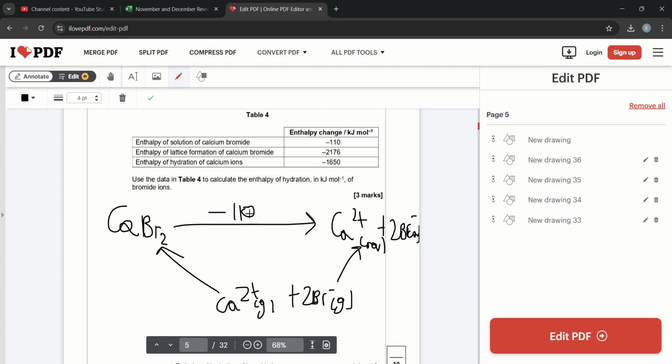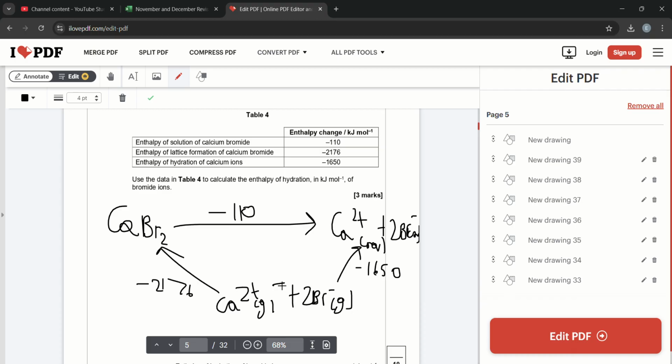We also know the enthalpy of formation of calcium bromide, so this arrow here is minus 2176, and we also know the enthalpy of hydration of calcium ions, this arrow, minus 1650. This one's pretty easy. We're adding water, gas to aqueous, so just an arrow pointing upwards. And then for the 2Br minus, well, that's what we're trying to find. So it's just going to be 2x.